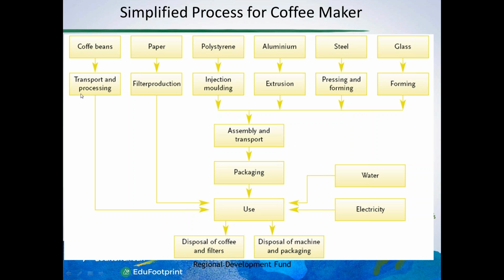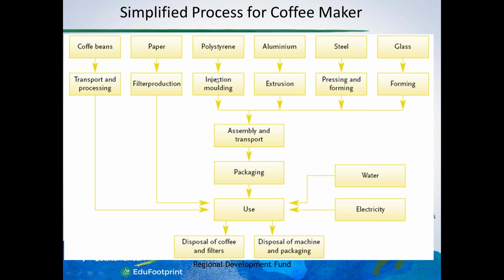So coffee beans, production of paper, polystyrene, aluminium, steel, and glass. These are the upstream phase, and coffee beans have to be transported and processed. Paper is used to produce filter.